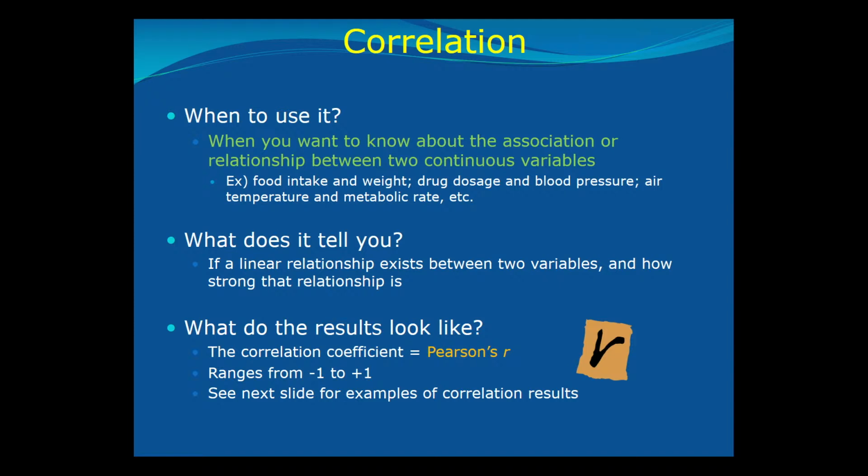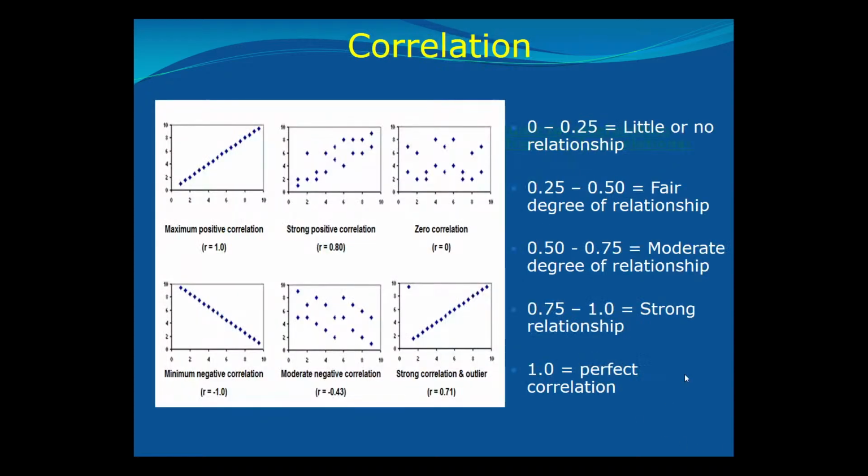We should calculate the correlation coefficient, which is denoted as small r, and we need to make a correlation graph. To get the correlation coefficient, you can use special statistical software. The correlation coefficient ranges from -1 to +1. Let's look at the possible correlation results.